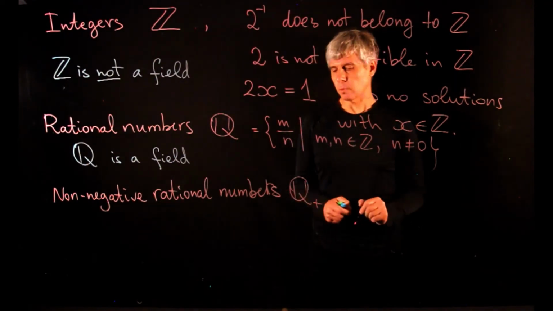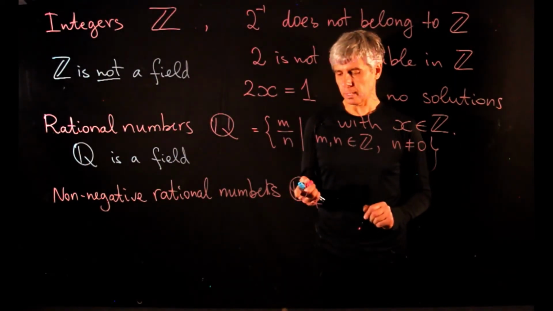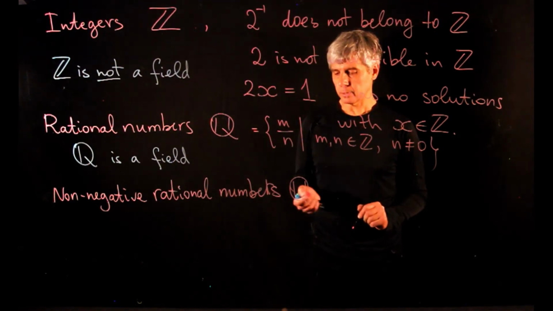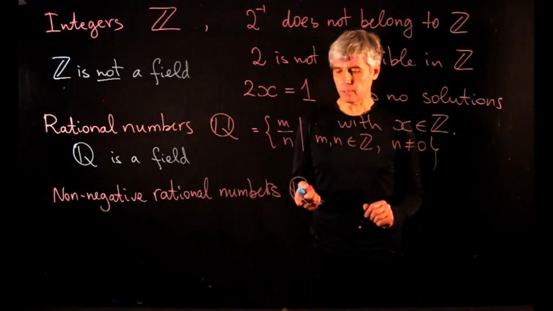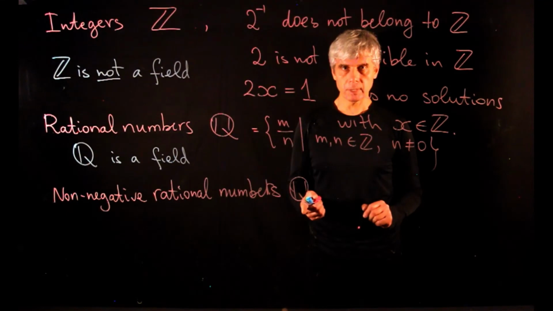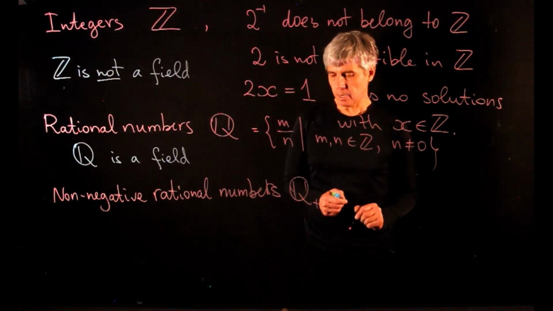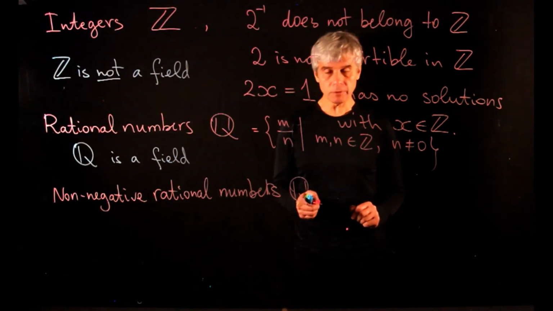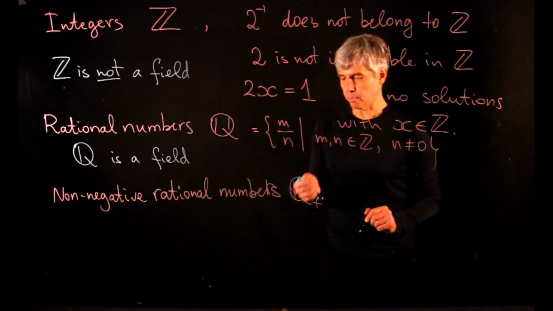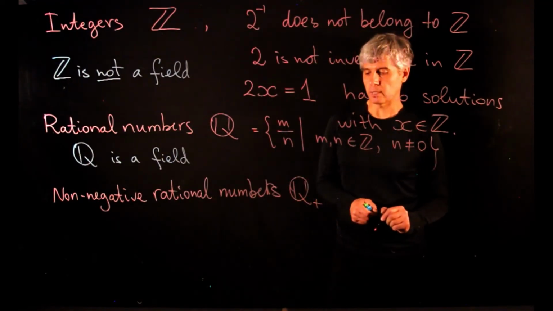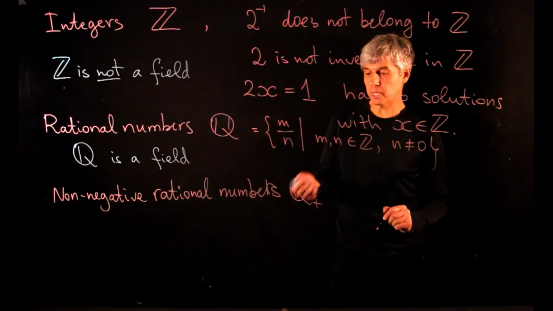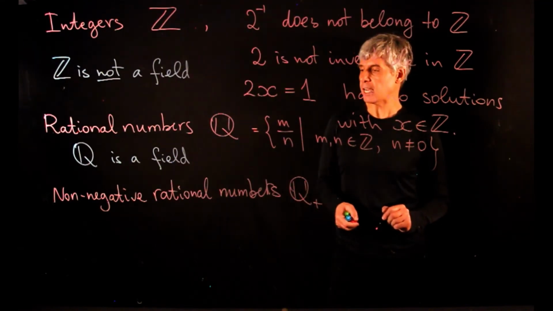So here we can have 0 and 1. And we have two binary operations. We have addition and we have multiplication. Now we have a multiplicative inverse. So if we take a positive fraction, then its multiplicative inverse is again a positive fraction.